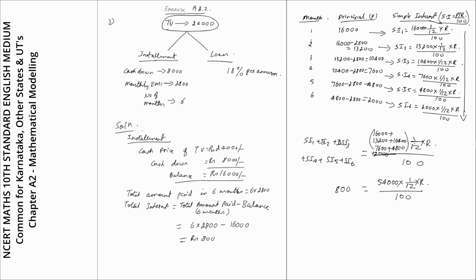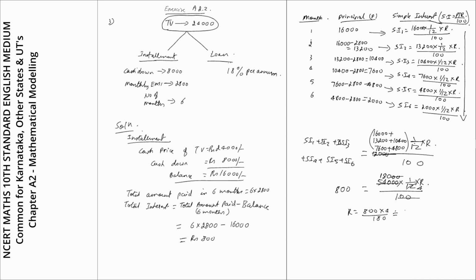3 4s are 12, 3 1s are 3, 3 8s are 24. Then I can cancel the zeros, and now r is equal to 800 into 4 by 180 if I cross multiply.